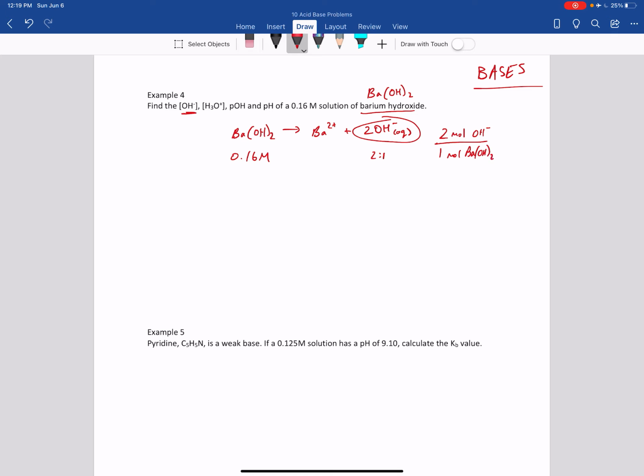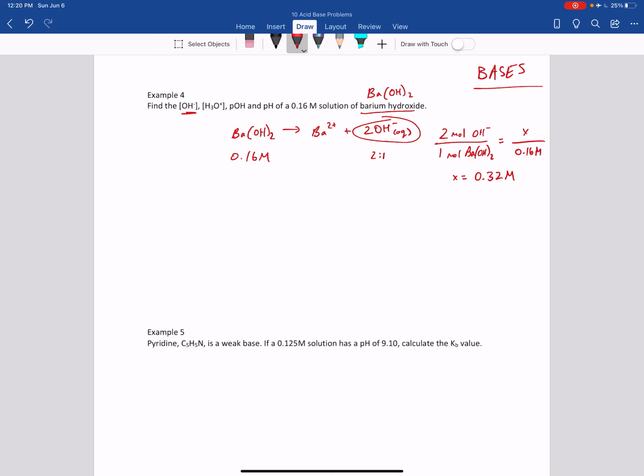And that's from our balanced chemical equation. So if we set up our mole ratio, the first fraction comes from our coefficients. The second one, we're trying to find out what the concentration is over 0.16. So we'll isolate for x. We can see that it's double, so it'll be 0.32.